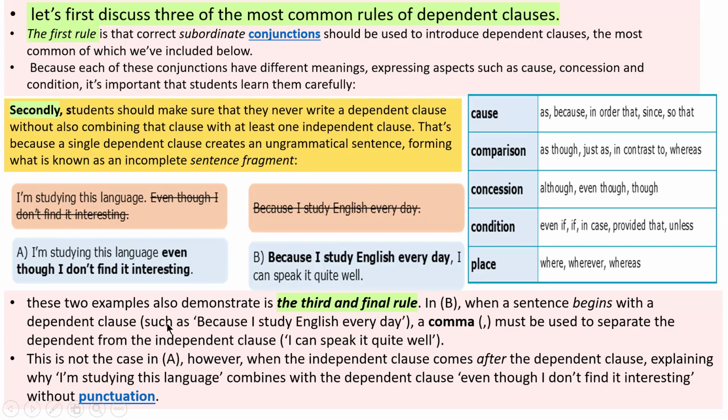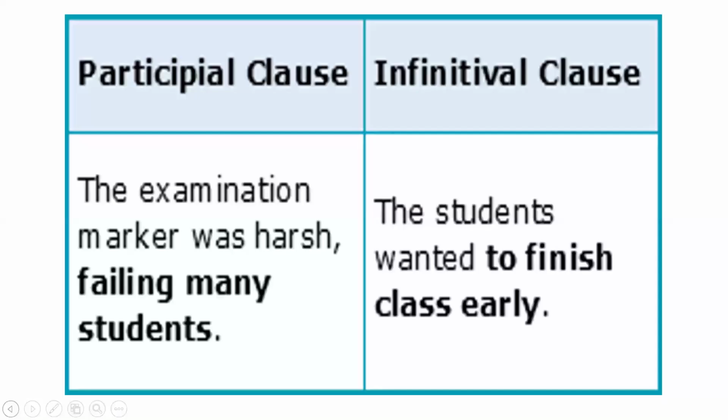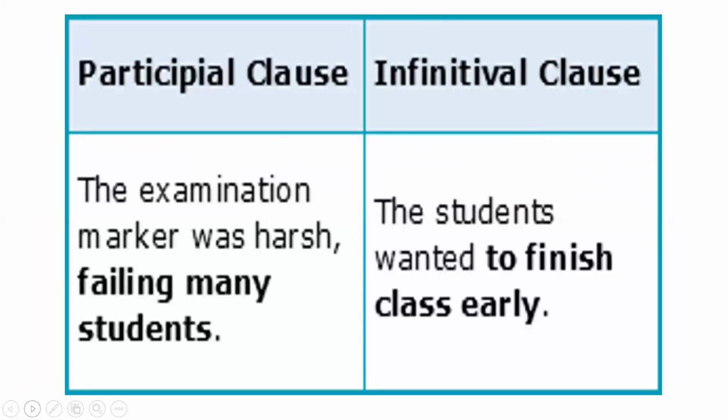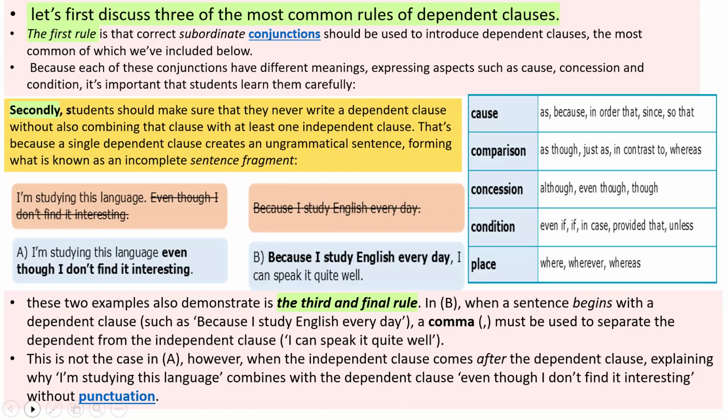I have told you that coordinating conjunctions are used with independent clauses and subordinating conjunctions with dependent clauses. We have seen in these examples compound sentences with the help of coordinating conjunctions, and complex sentences with subordinating conjunctions. Kindly watch my video which is already uploaded.